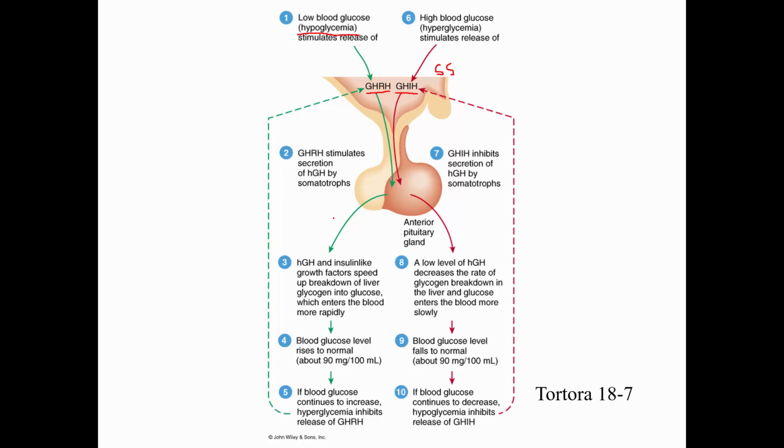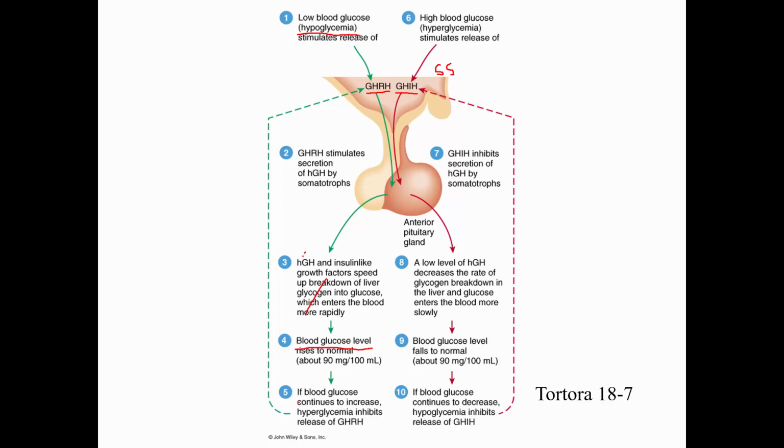Human growth hormone is going to have all kinds of metabolic effects, elevating blood glucose level, promoting protein synthesis. We're also going to stimulate insulin-like growth factor. Growth factor is going to cause cell growth through cell division. So the result is an increase in blood glucose level and an increase in growth.